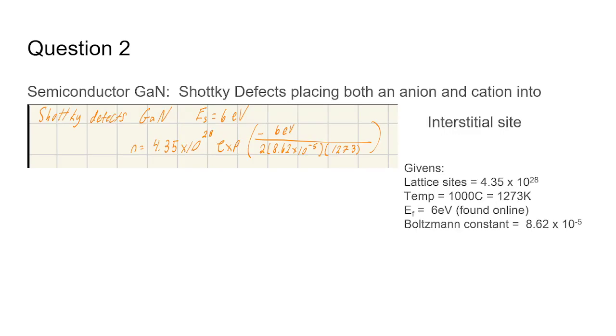To find the Schottky defects, it's the same formula but with a different activation energy, 6 eV. So we would input 4.35 times 10 to the 28 lattice sites times exponential negative 6 eV divided by 2 Boltzmann's constant and a temperature of 1273 Kelvin.